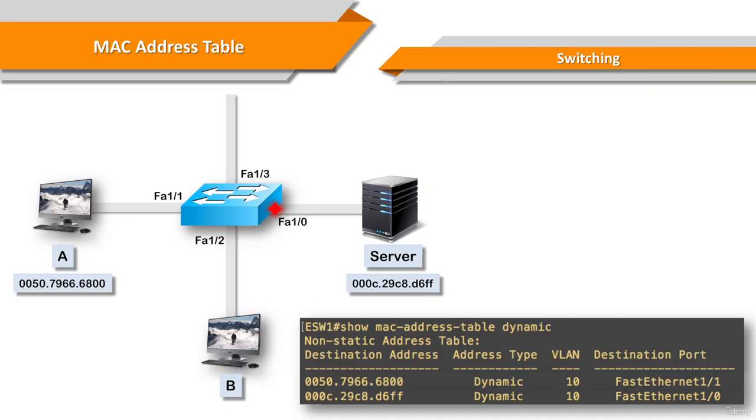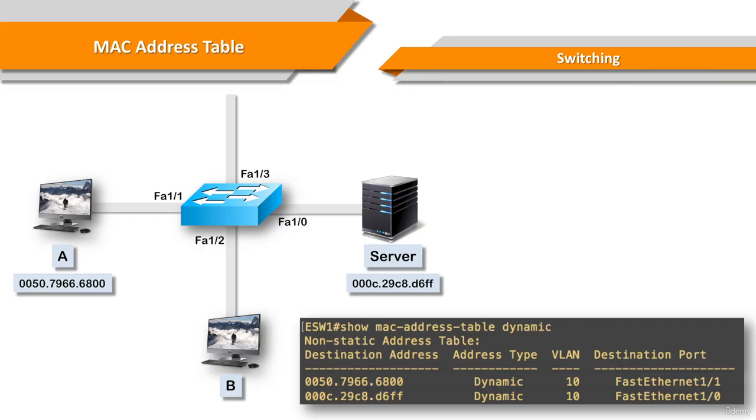It then performs a lookup of its MAC address table to determine whether it knows which port to send the server's traffic to, and in this case, it does. So it sends the return traffic out only on the port of computer A, without flooding.